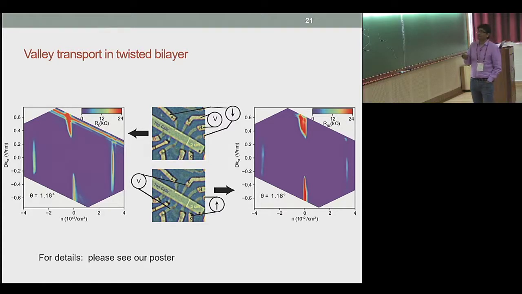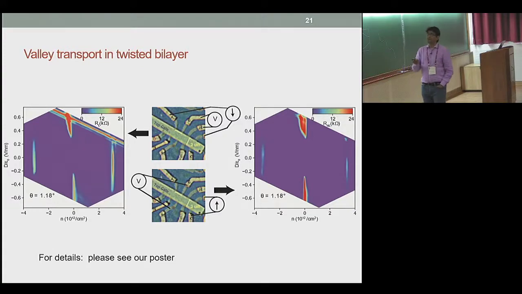I wanted to briefly advertise a poster. This is a story which is being finished up now. We're also trying to explore Valley transport in this system because it has gaps, gaps due to Moiré physics and gaps which are intrinsic to the bilayer system.